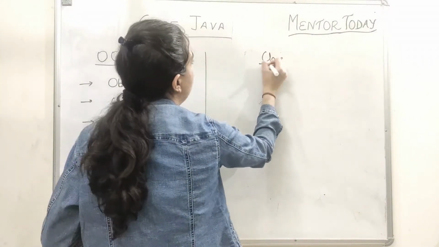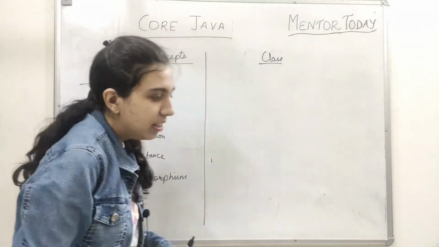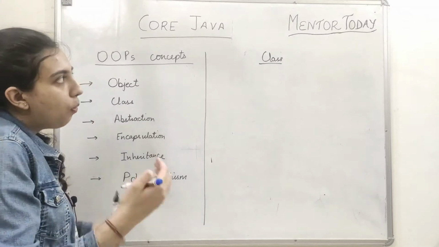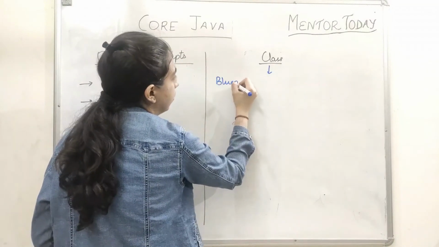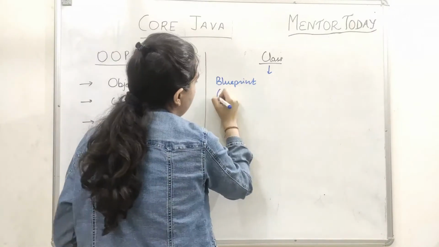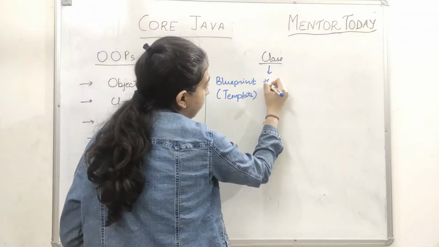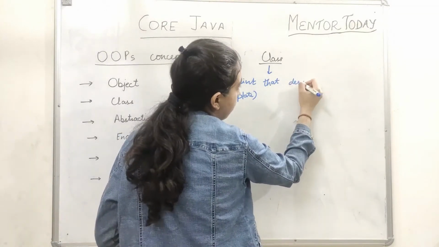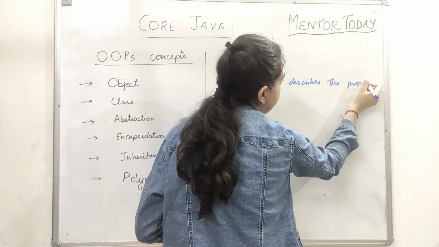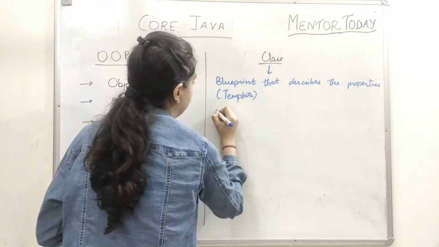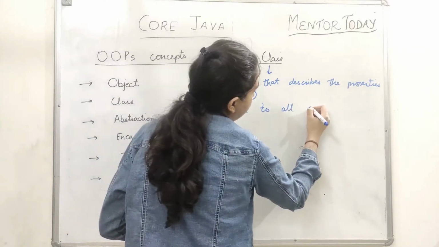Class, the second OOPS concept. Class is a blueprint or template that describes the properties common to all objects.